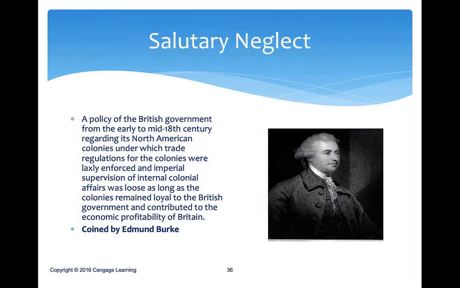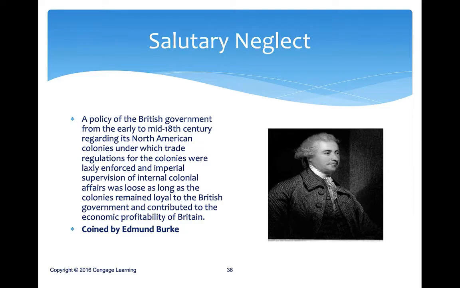At the time, the English crown practiced something called salutary neglect, or a healthy neglect. A lot of the time in the mid-18th century, North American colonies weren't really regulated that much, and if they were, it was laxly enforced by the king.